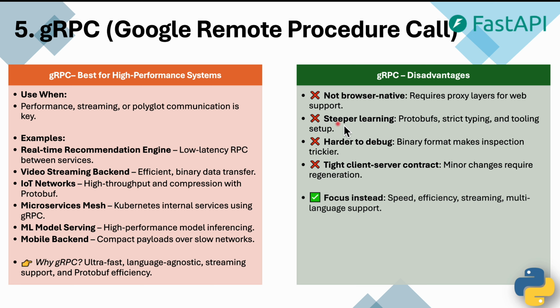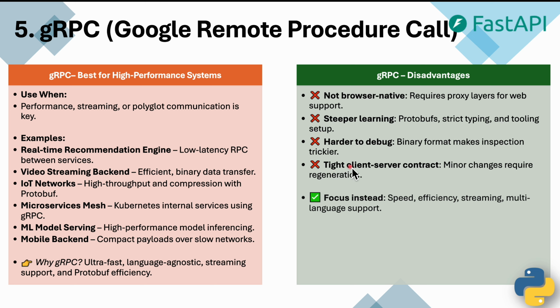Steeper learning curve: protobufs, strict typing, and tool setup. Lot of things are there to work with it. Harder to debug: it is very hard to debug a binary format, which makes inspection trickier. So debugging is very difficult.